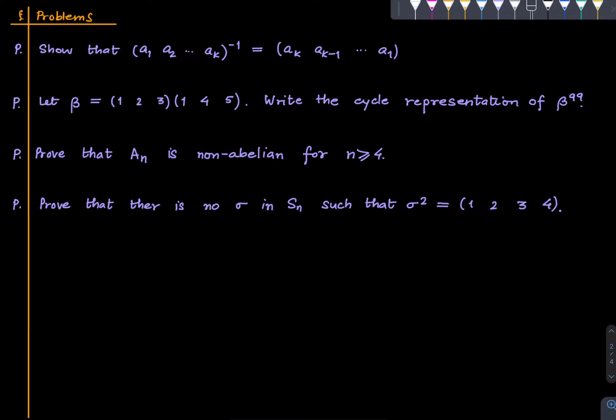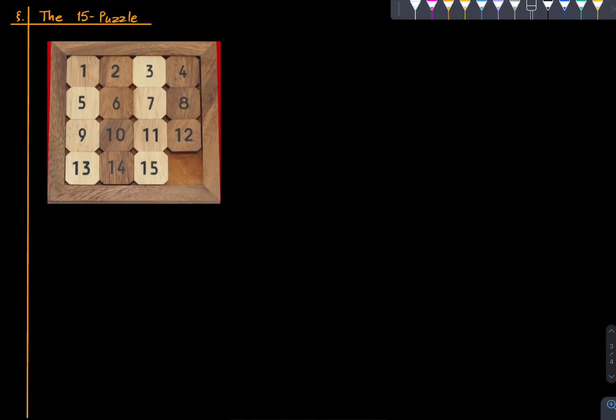All right, here are some very simple problems. And now let us look at the 15 puzzle. So imagine this wooden thing where each tablet has a number from 1 up to 15 written on it, arranged in a very nice order. You're allowed to slide a tablet or a button to a blank place if the blank place is available next to it.